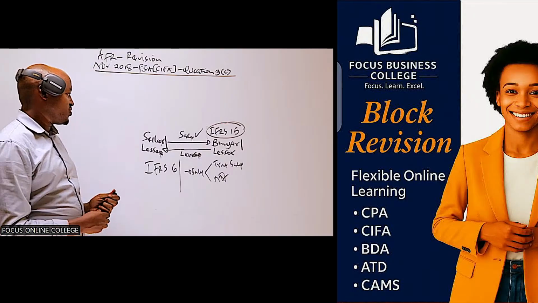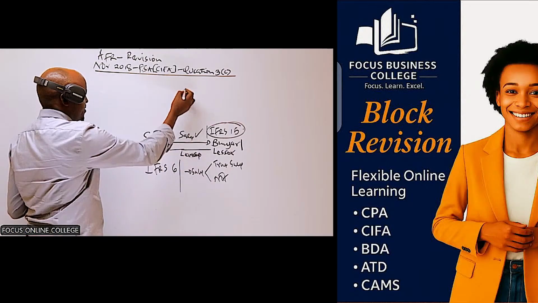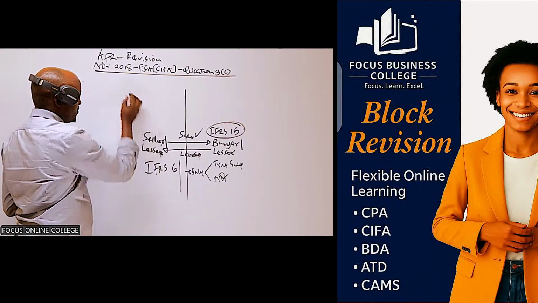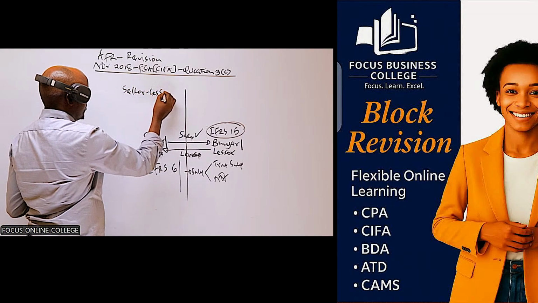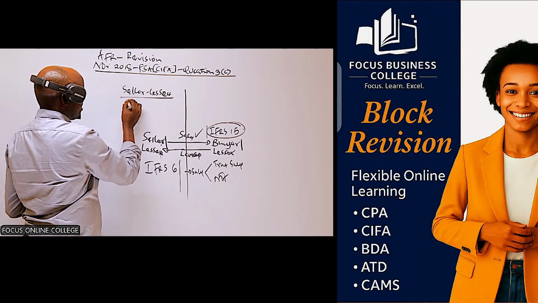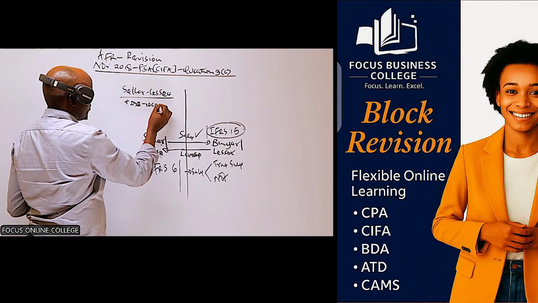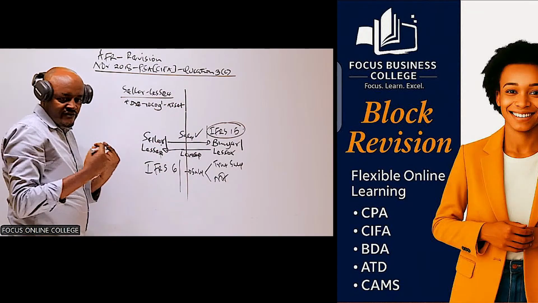So we said if the transaction is a true sale, what happens is that this party here, the seller, number one, needs to derecognize the asset. To derecognize the asset, he needs to remove that asset from his books of account.